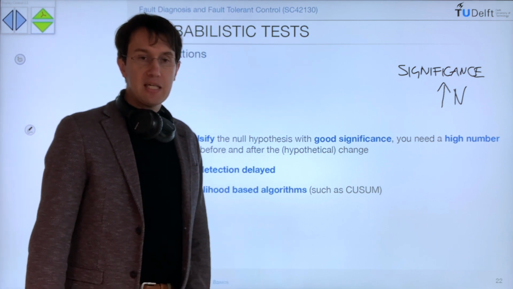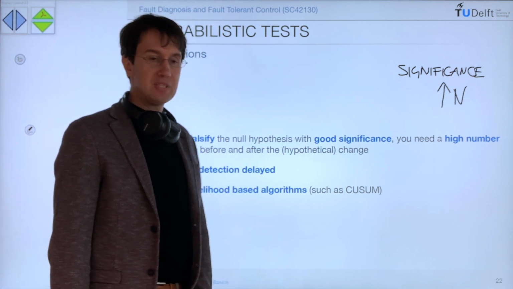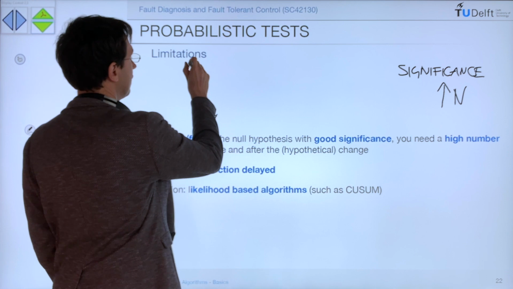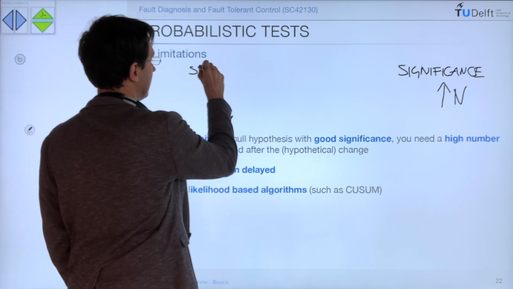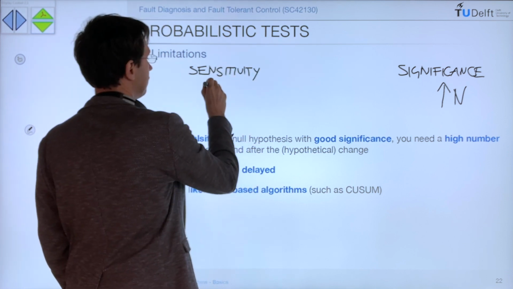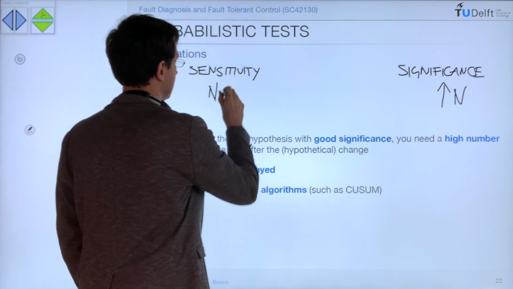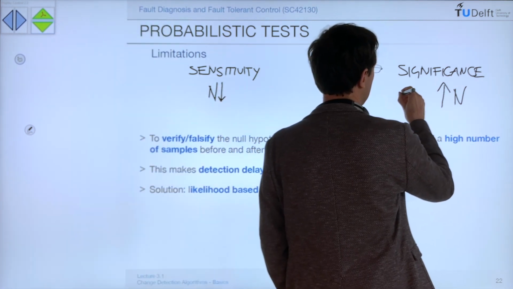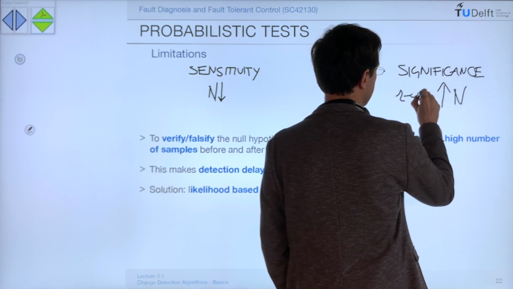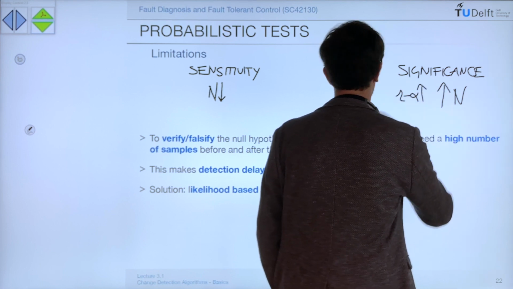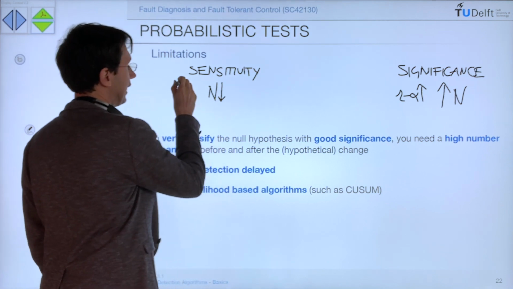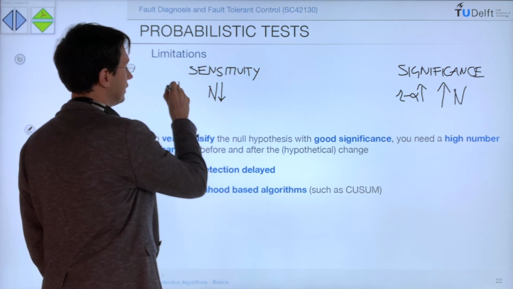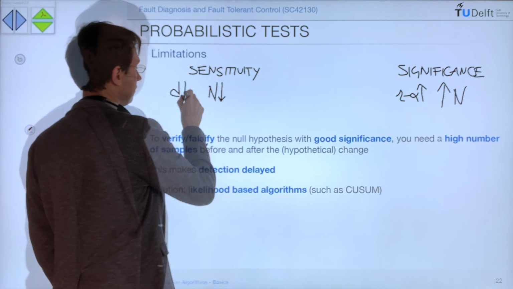And on the other side, we have sensitivity of the test, and we get it for n that is small. So we want a 1 minus alpha that is big, and here we want a detection delay. We never introduced that, but let us call D the detection delay, that is small.